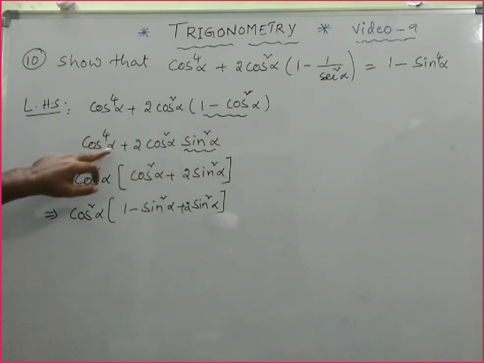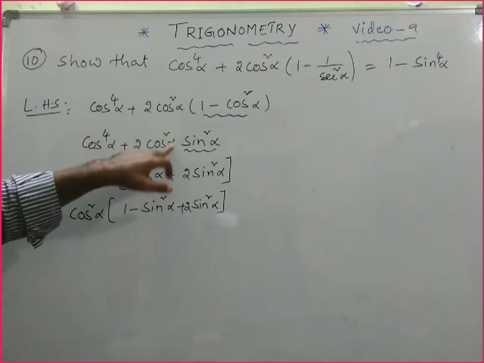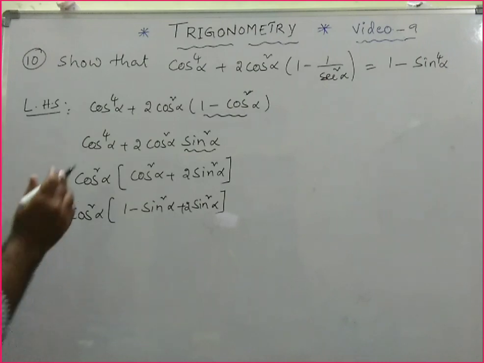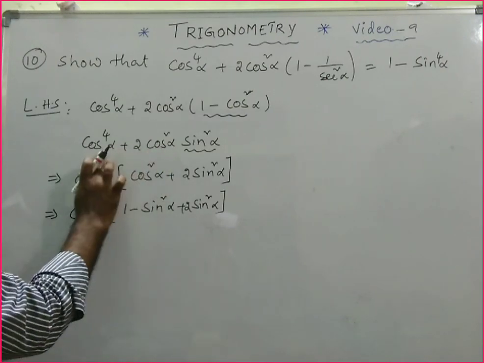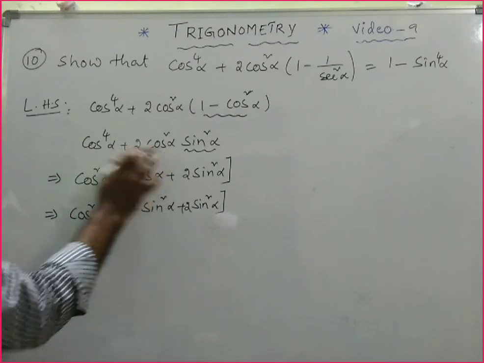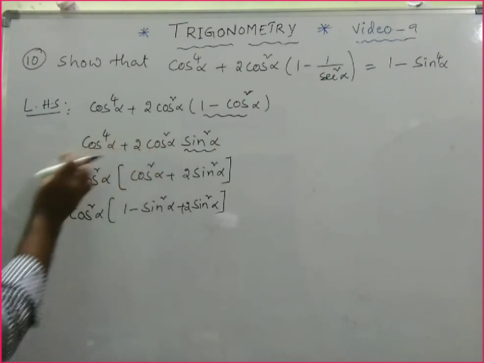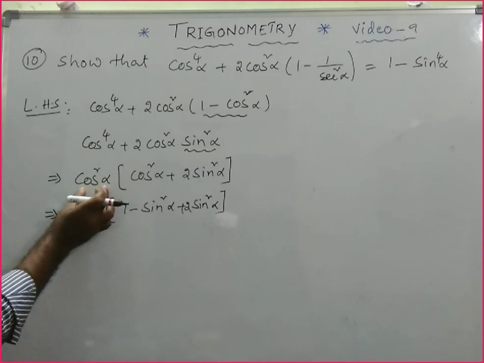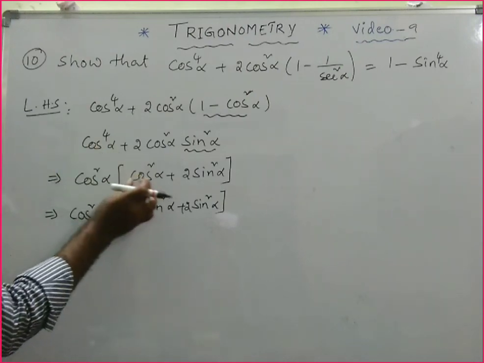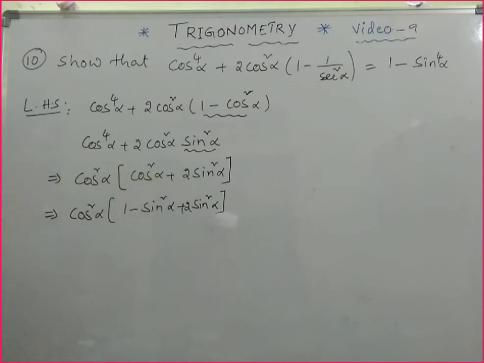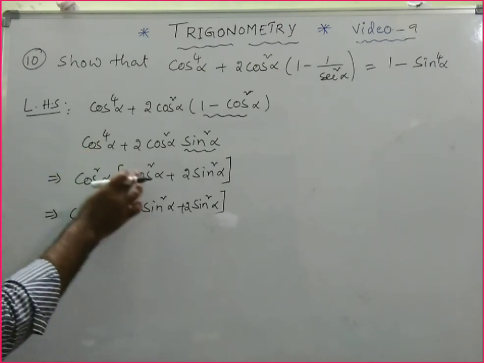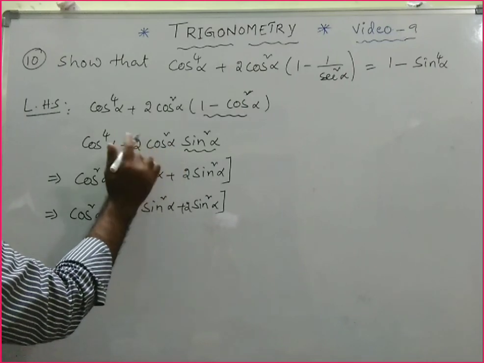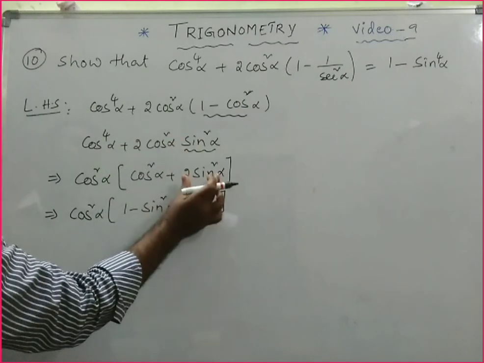So cos power 4 alpha plus 2 cos square alpha into sin square alpha. Okay. Now, there is a cos square alpha common in these two terms. So take cos square alpha common. Then out of cos power 4, after taking cos square alpha, still there is one more cos square alpha left. So cos square alpha plus, so this term cos square alpha we took common, then the balance is 2 sin square alpha.